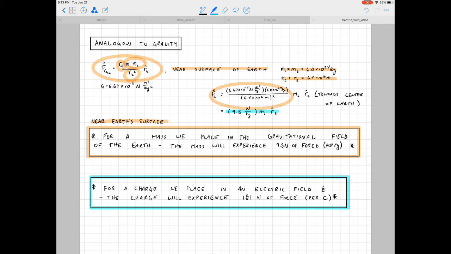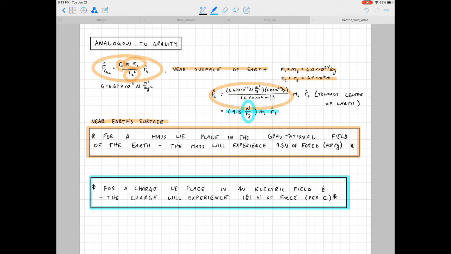And of course, this should be very familiar. Whenever we calculated the force of gravity on an object near the surface of the Earth, we used the expression m little g, where little g was 9.8 meters per second squared. And you'll notice that newton per kilogram just so happens to be equivalent units to meter per second squared.